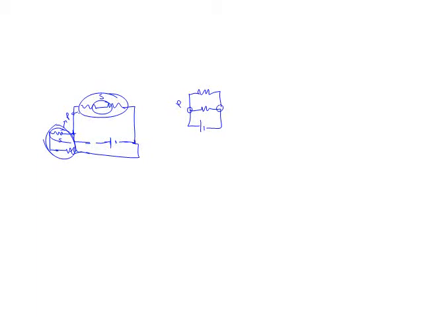So when circuits are in parallel, we have a couple of different rules. Our rules for parallel: let's start with constant. Your voltage is constant. Your current is added. And your resistance is added up inversely.